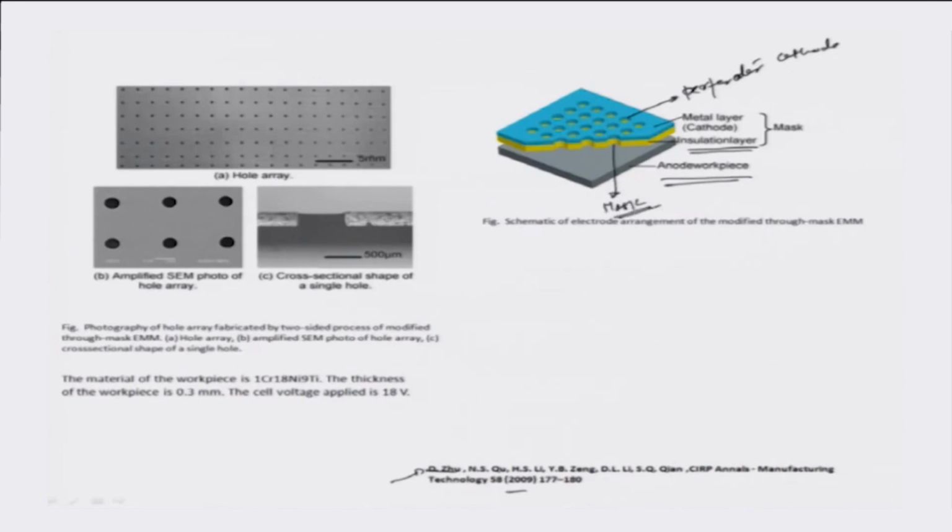So, there is a mask which exposes certain regions of the cathode to the workpiece, and owing to this particular arrangement, the EMM or electrochemical micromachining is able to drill holes with such fine resolution.